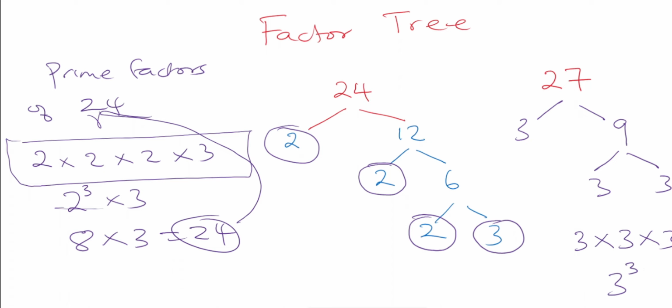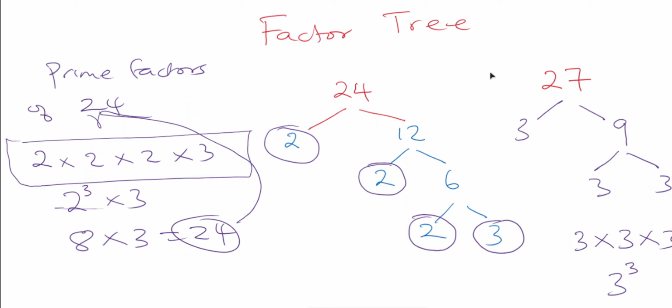So that is how we find the prime factors with the factor tree. My advice is to start with 2. If the number is not an even number, then start with 3. Keep using these numbers until you really can't use them. Then go on to the next number, 4 and 5.